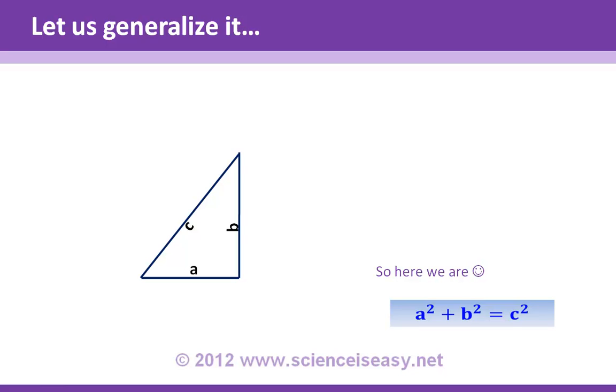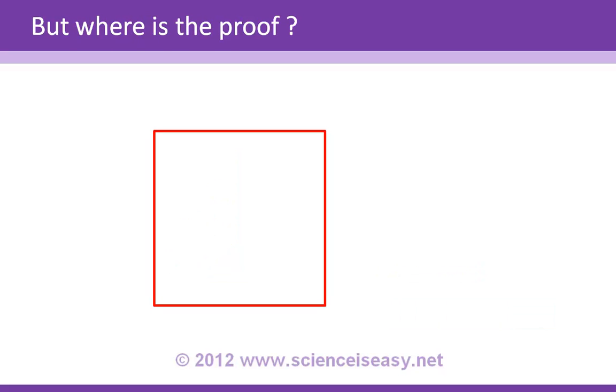So let's do it in a real mathematical manner. That's the next step. We need a proof for the Pythagorean theorem, not an experimental way. So first take a big red square, and I am putting a smaller green square inside that, and I am giving some random dimensions to it.